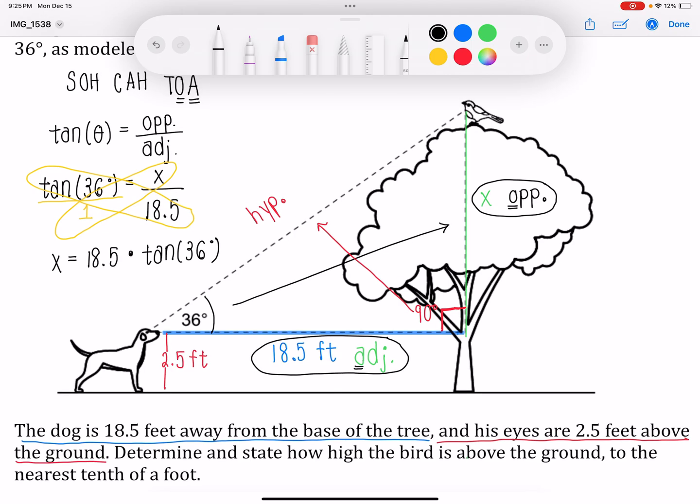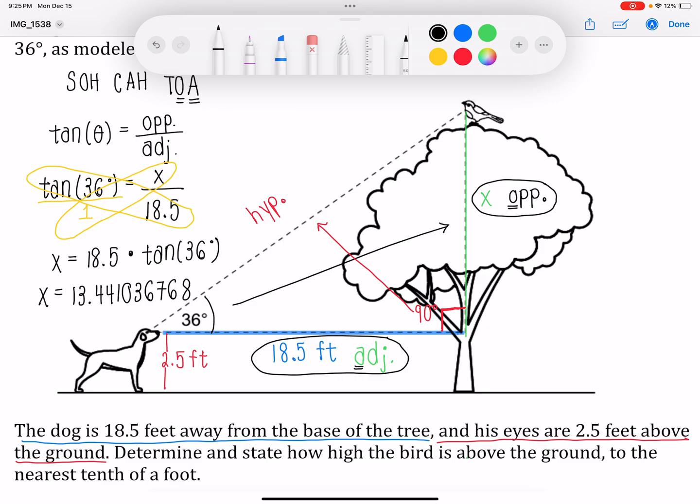Okay, ended up getting 13.4410366768, which is what my calculator showed me, and we want to write out all of the digits and not round until the very end. So that's what x is, which is how high the bird is above the ground.